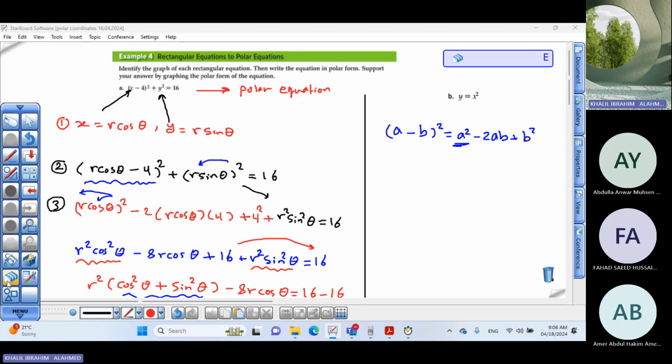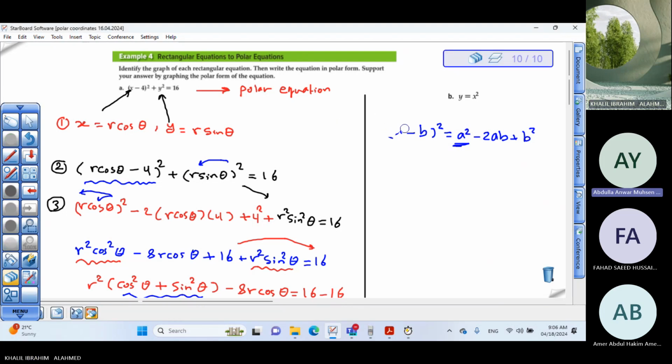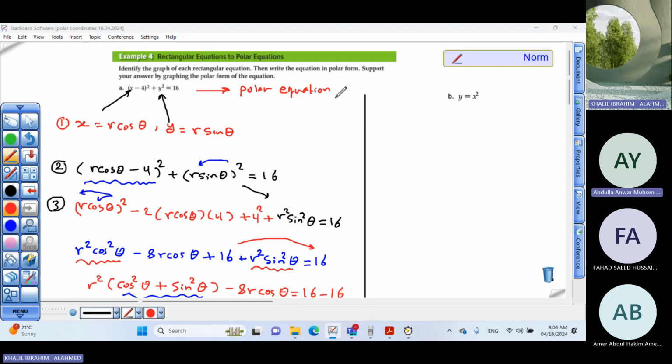Mr. Abdullah, what did you solve in the question? Did you achieve this example? Mr. Amr Abdul Hakim, what did you do in this example? Mr. Amir, you are sleeping now?